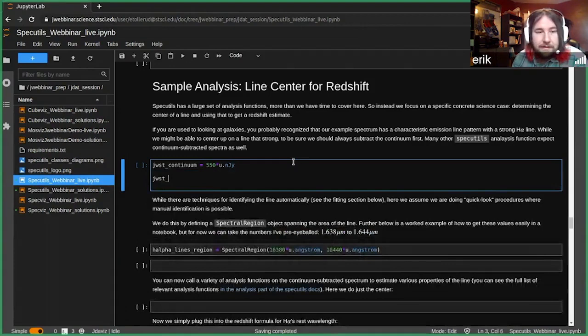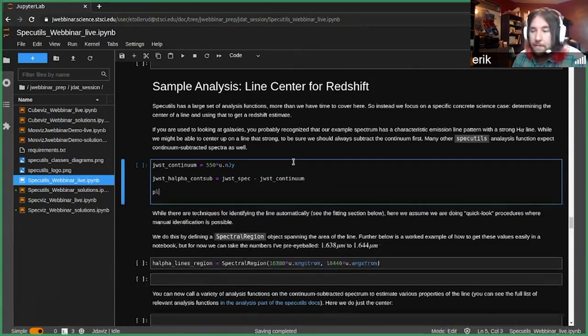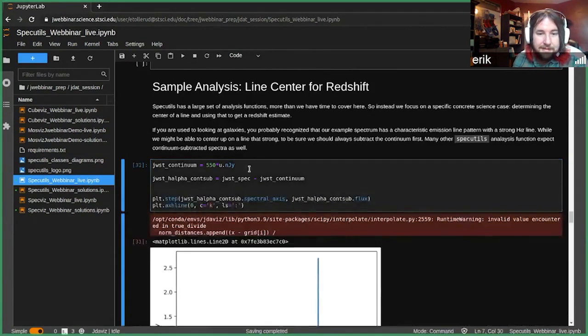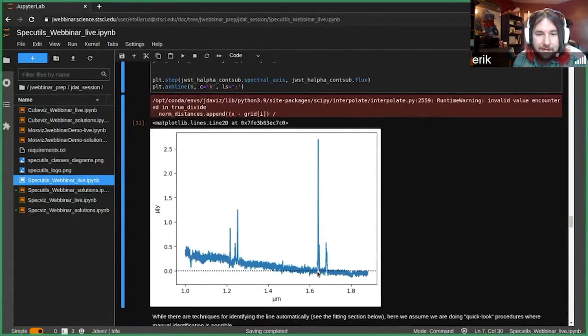And then I can create an object like this. That's just the spectrum we've been looking at this whole time, minus that continuum level I just defined. I'm going to do some copying and pasting just for time's sake. You'll see, again, this is a spectrum that has its continuum level now right where we want it to be for this line.